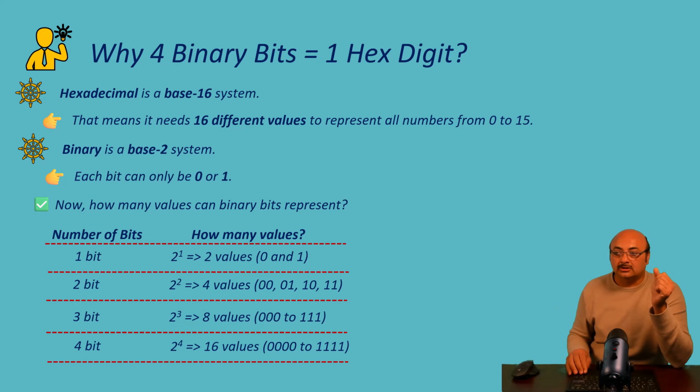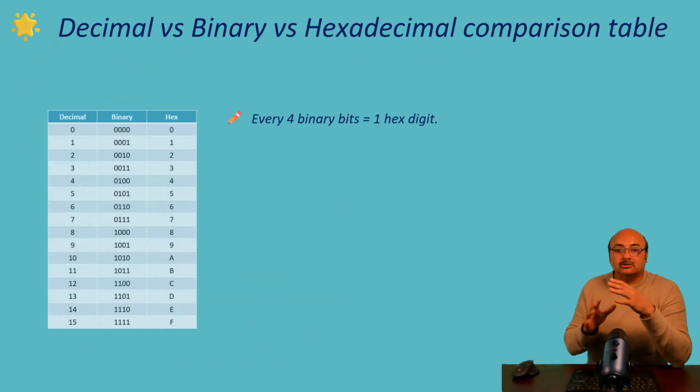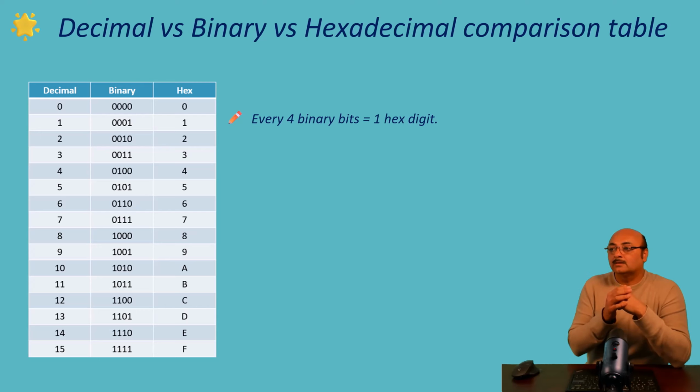That's what it is. Now, if I represent all the three number systems in a tabular format together, showing numbers 0 to 15 and the equivalent binary and hexadecimal, we can see that each hexadecimal number is being derived by utilizing 4 binary digits.